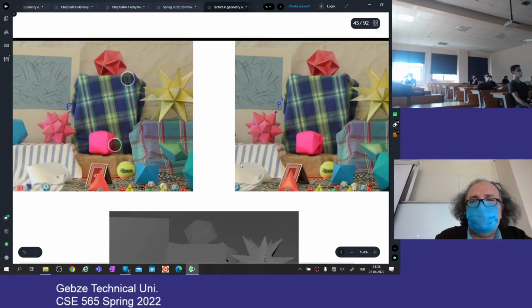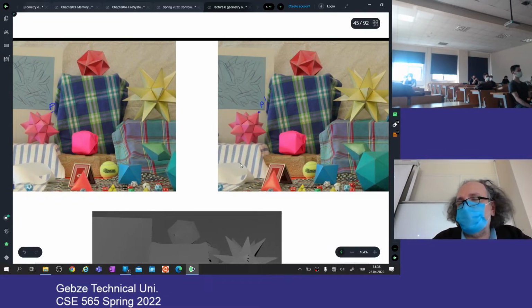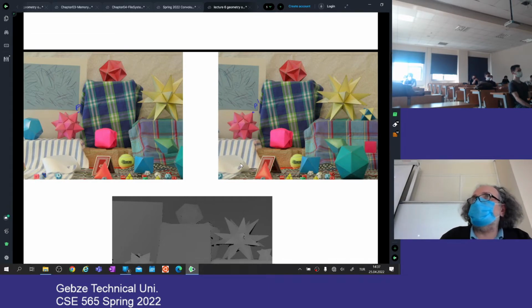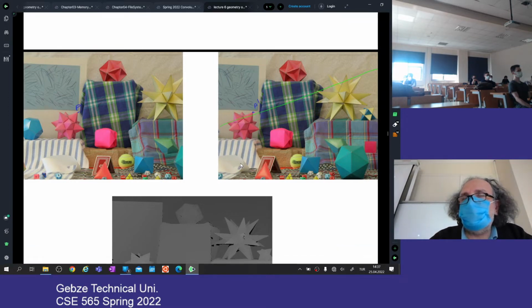Take this point P on the left image, on the right image you need to make a search. And among all the points, you are going to say this is the point that matches the best. And the epipolar geometry says that you are going to make this search on a single line, not on the whole image. So your line might look like this. On this line, you are going to make a search, and I am trying to get this line.